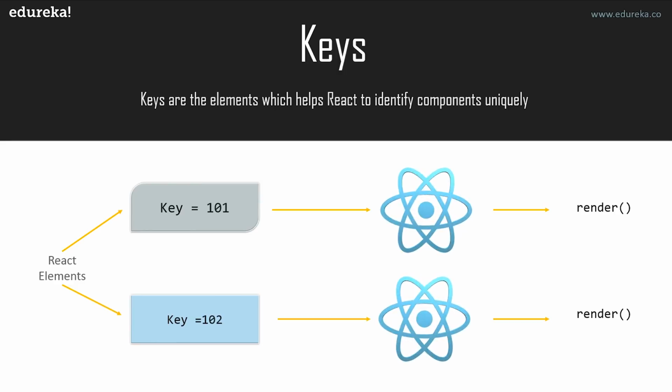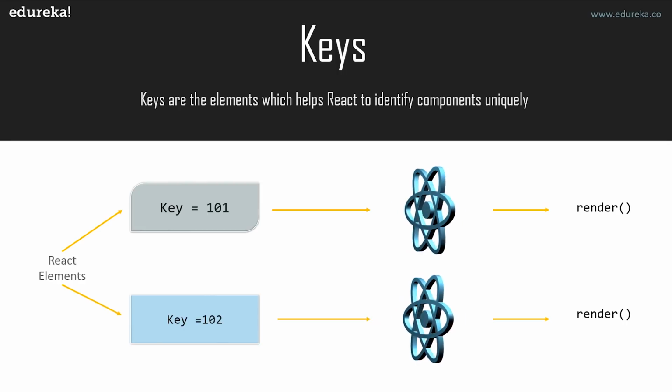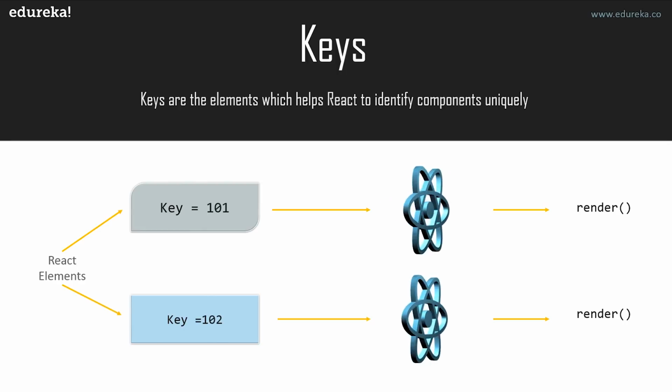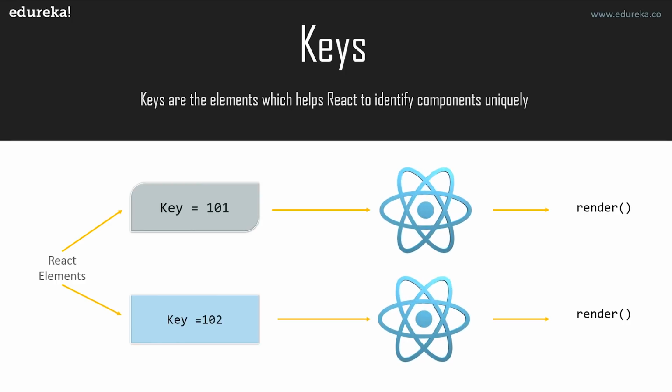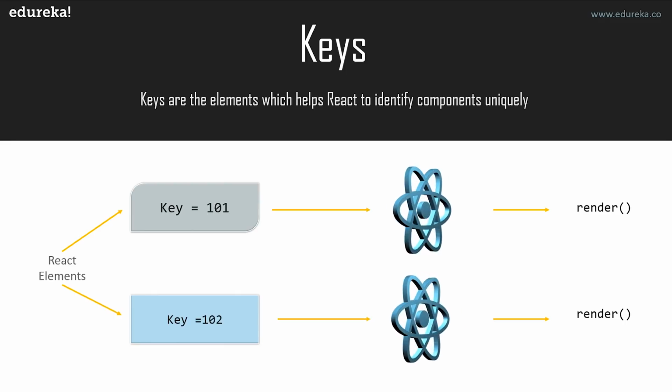On the screen you can see that I have 2 React elements which have 2 render methods, but they are uniquely identified by different keys. For one of them I am using the key 101, and for another I am using the key 102. So keys are the things which help us to identify the components uniquely.